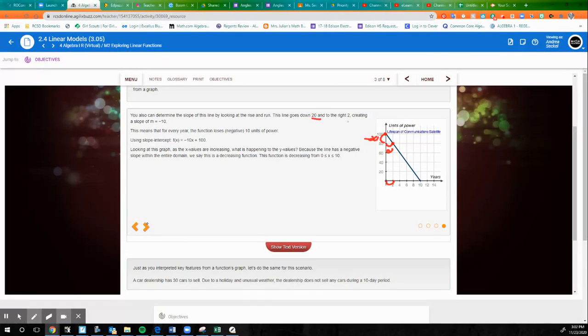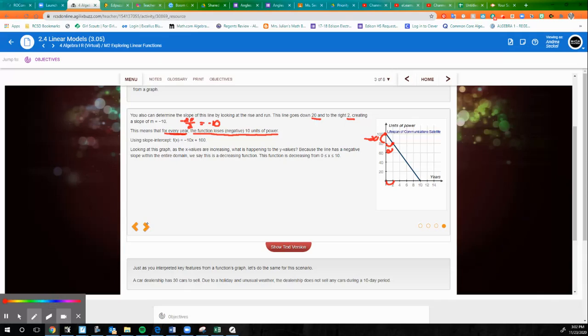Okay, so down 20 and to the right 2. That this slope of negative 10 came from negative 20 divided by 2, which equals negative 10. So that means for every year, this is how it's in context, for every year, the function loses 10 units of power. That is how you write a slope in context.